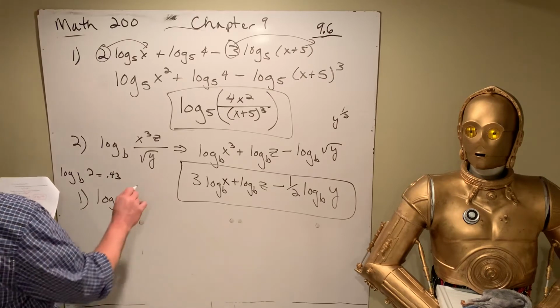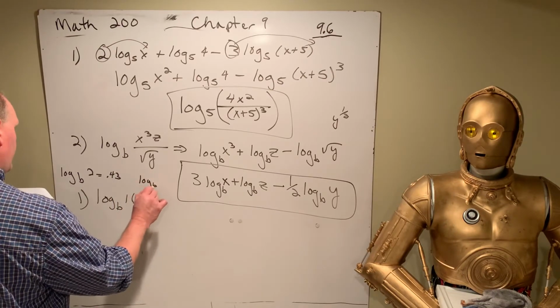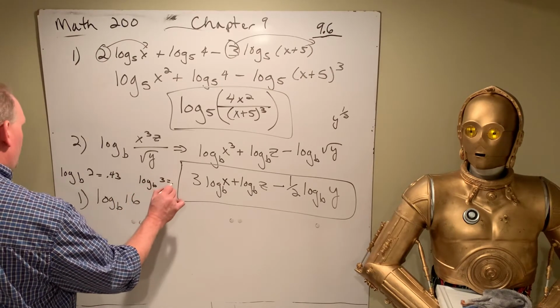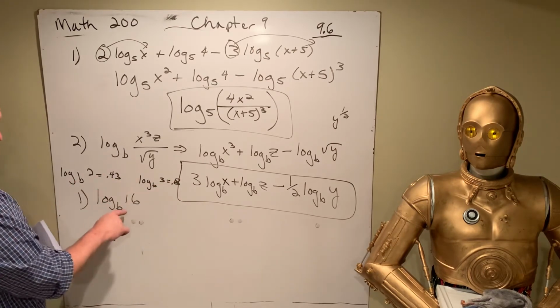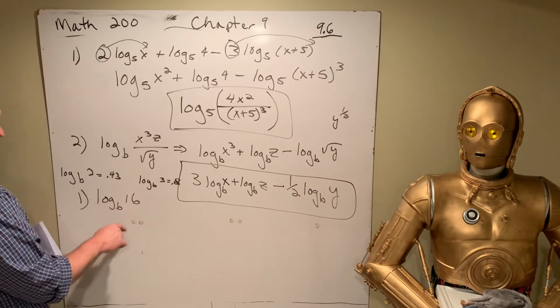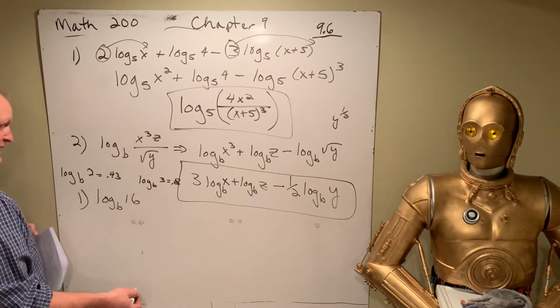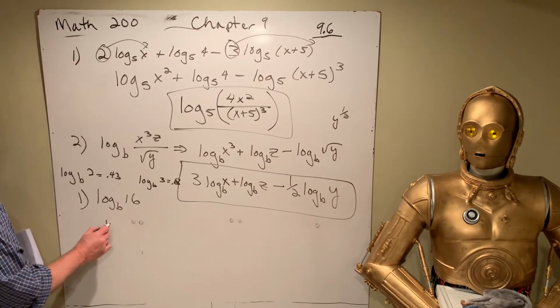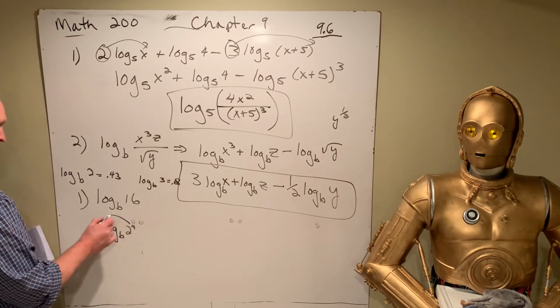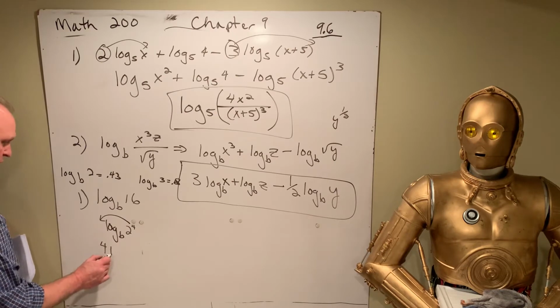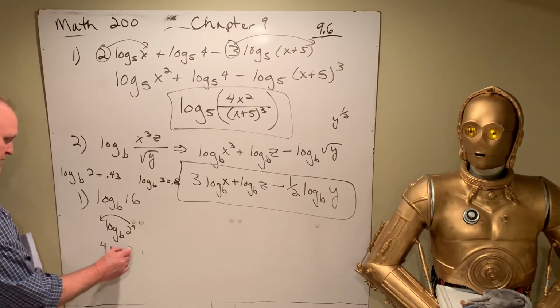And you know log base b of 3 is 0.68. And so they just want us to use these two given things to figure out what this is. So we're going to find the log without actually knowing the base. We can do that because, look, this is log base b of 2 to the 4th power. And that just means I can pull that 4 down front. 4 log base b of 2.